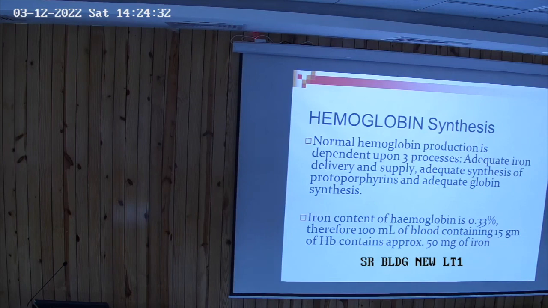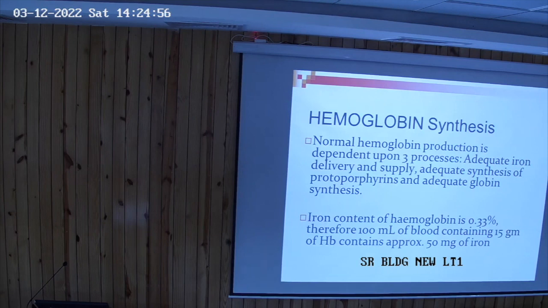Okay. Now the next comes the adequate synthesis of protoporphyrins. Porphyrin rings are formed from the combination of glycine and succinyl coenzyme A. Then the iron content of hemoglobin and adequate globin synthesis. For globin synthesis, what is required is proteins.